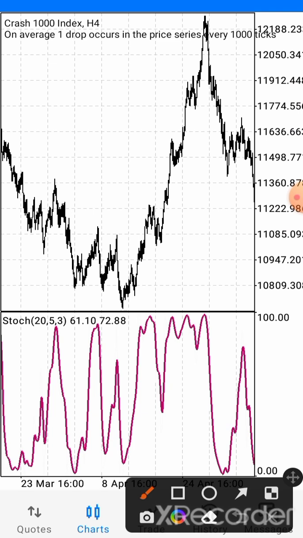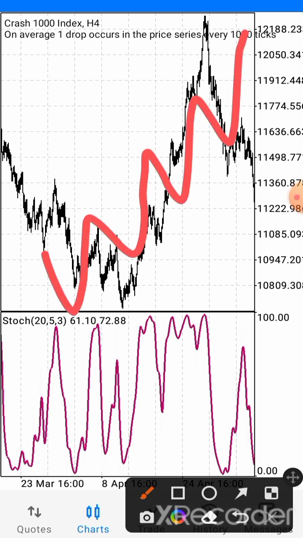Let's say you had price going up, and then you get to see a divergence that confirms that price is going to continue to go up again. That's what I call the trend divergence or the hidden divergence.